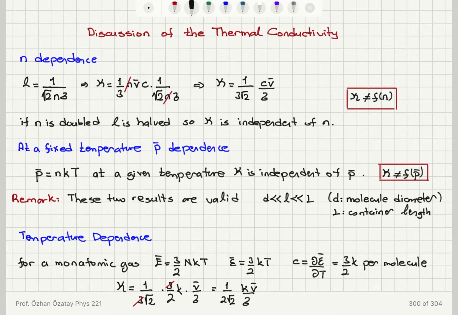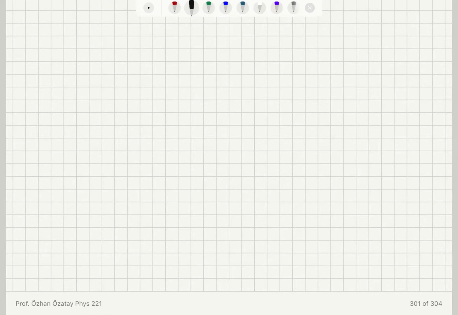So that's not the end of the story for temperature dependence. On the other hand, we have v bar of the order T to the 1/2, so it has a T to the 1/2 dependence.